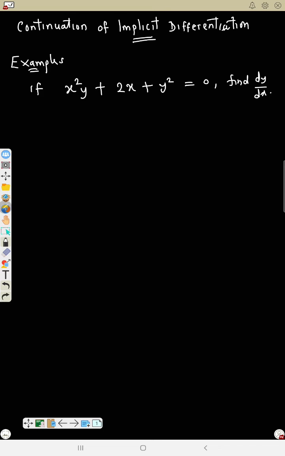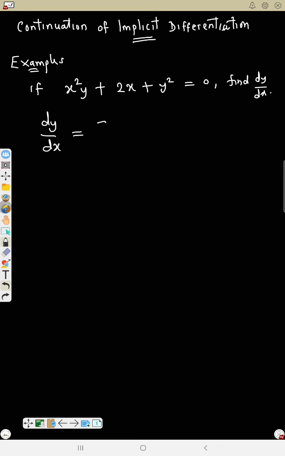Let's say x squared y plus 2x plus y squared equals 0, find dy/dx. Now see the formula you are going to use. Just say dy over dx. Now you are doing this for implicit. Please take note, implicit. So say minus.